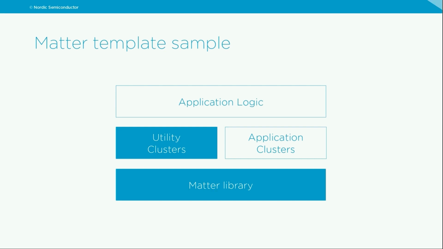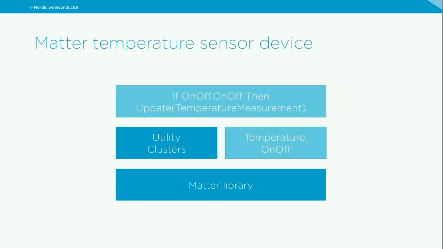The data model clusters can additionally be divided into utility clusters required just by the fact of being part of a Matter network, and those that are specific to a given application. The nRF Connect SDK contains a Matter template sample, which provides the parts presented as the colored boxes, so it can be used as a starting point in creating a custom Matter application.